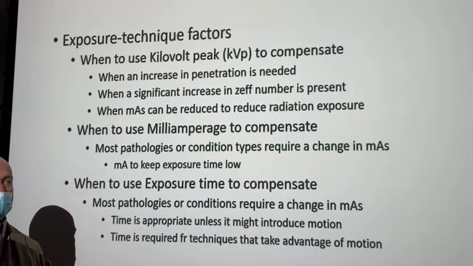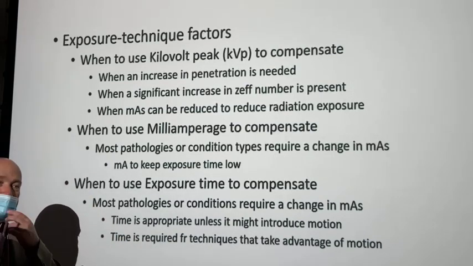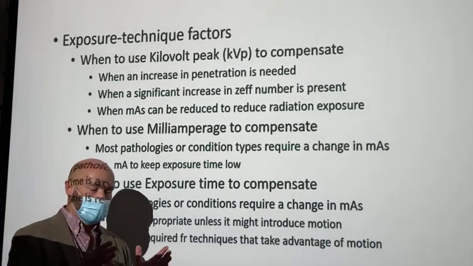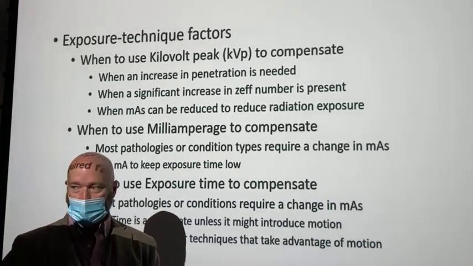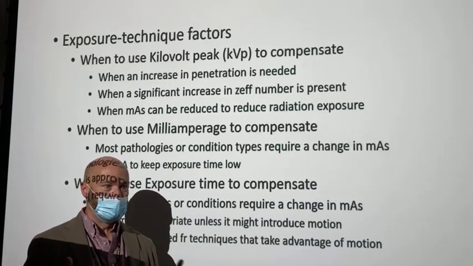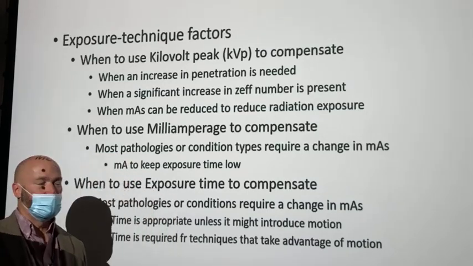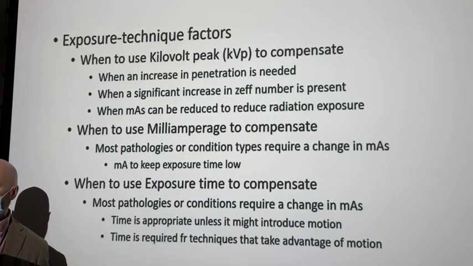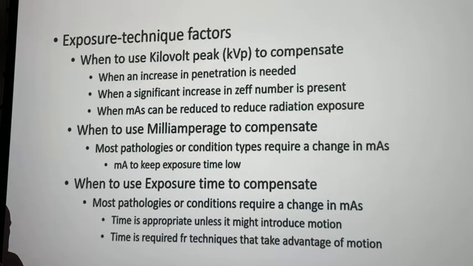You decrease your kVp and you can increase your mAs. On an mAs timer, what you've got is a set mA, and what you're actually doing is adjusting your time whenever you run through the mAs settings. Okay, so it's probably set to a 100 mA station, and you're just adjusting your time. So sometimes, it's appropriate to use long exposure times.